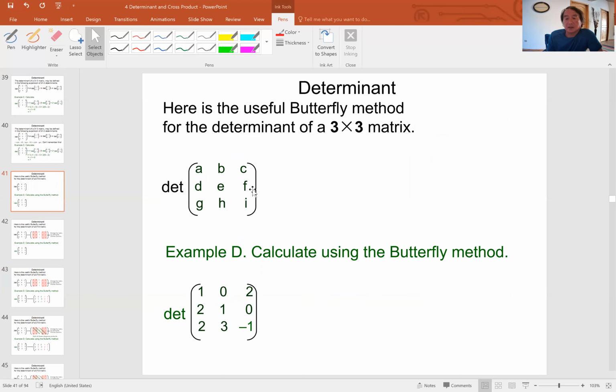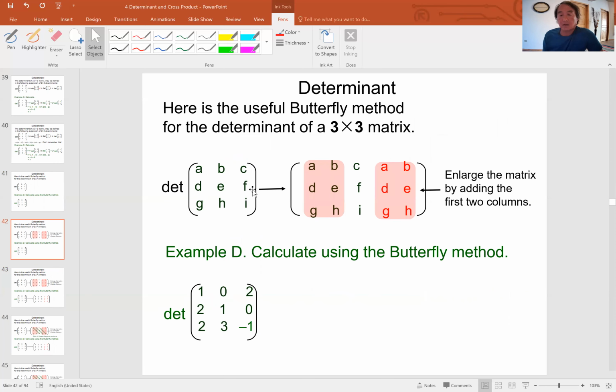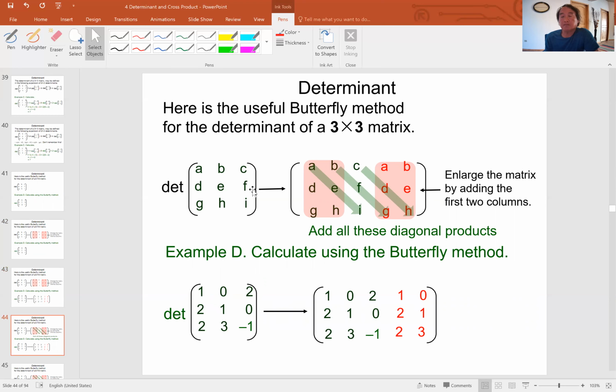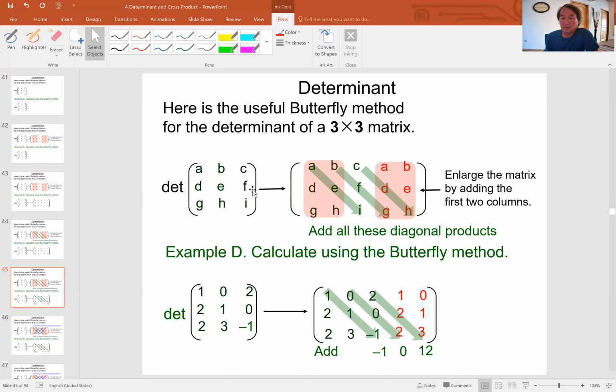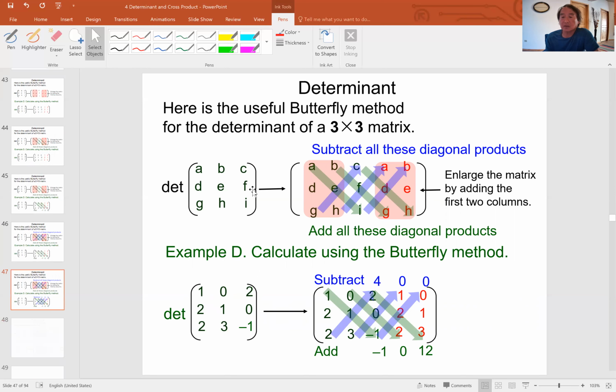And here's the butterfly method. You take the matrix, copy the first two columns over on the side, and then you go down the diagonals and multiply, and you add those. Then you go up the diagonals and subtract those.